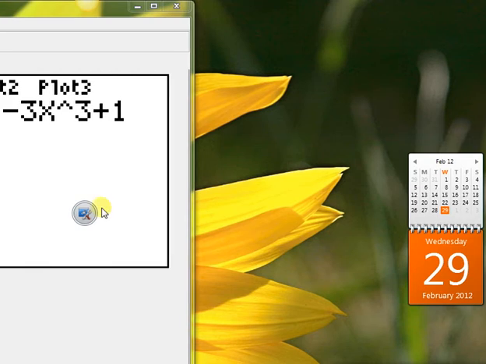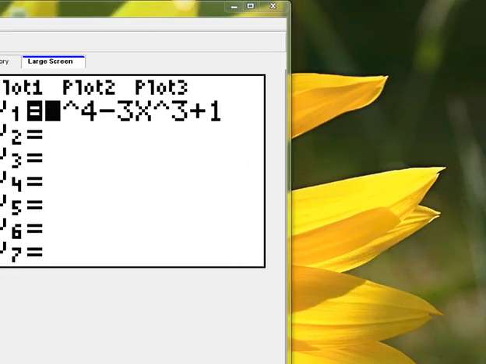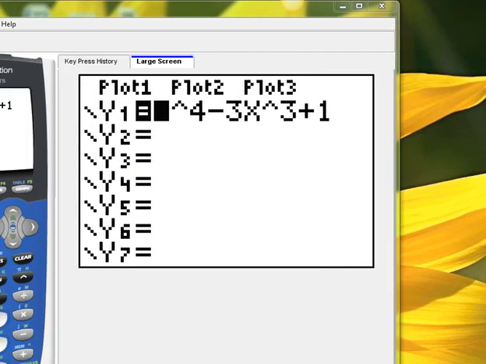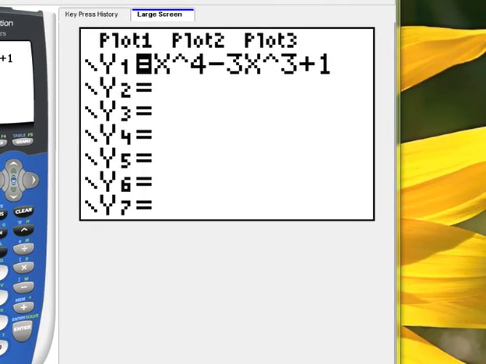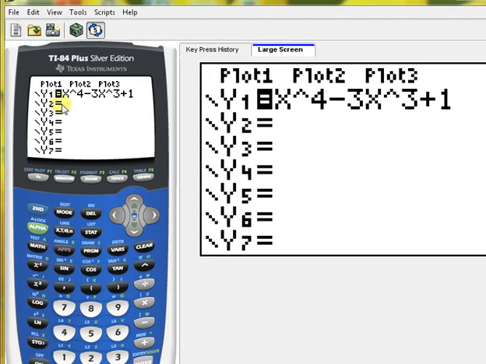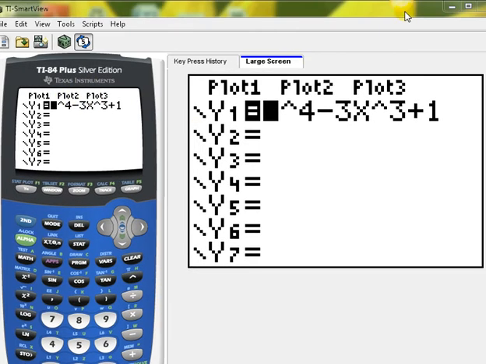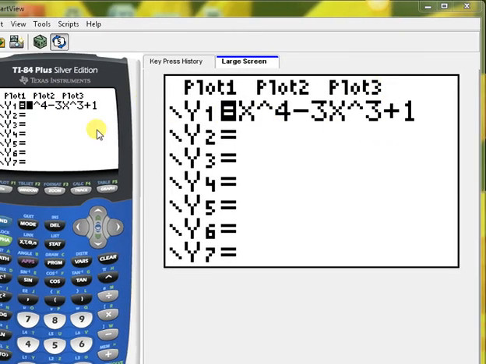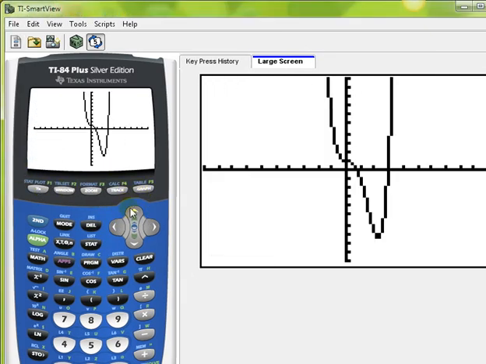As you can see, I have put this into the y equals, and that was obtained by going to this button right here. And to get that exponent, you're going to use this key right here. So this will give me the function that's given, and I'm going to go to graph just to see what this graph looks like.